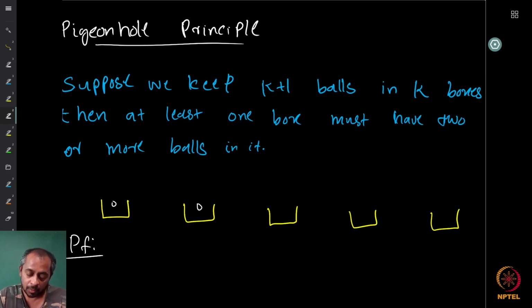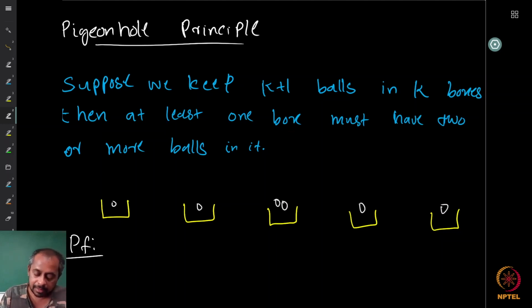So if I want to avoid that, then I will try to put at most one in each. But now I don't have a choice. I have to select one more here. If I have 6 balls, and I need to put at least 2 in one of them, right? So therefore this is easy to see, and this is precisely what the pigeonhole principle is.